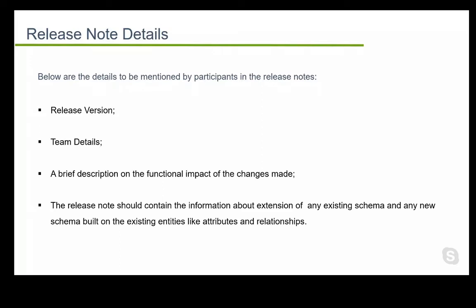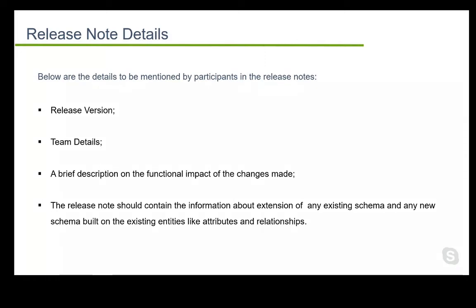After that, team details will have all the team details like team members and related things. And after that, a brief description of the functional impact of the changes made. Whatever changes or customizations were done by the team, they have to describe them.